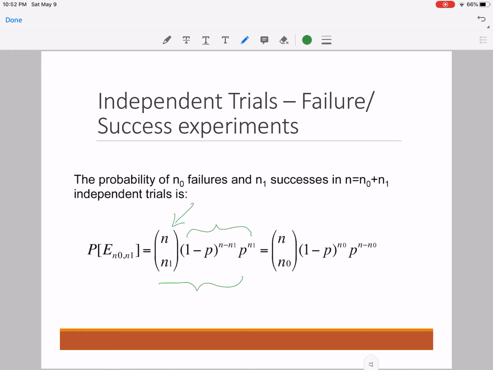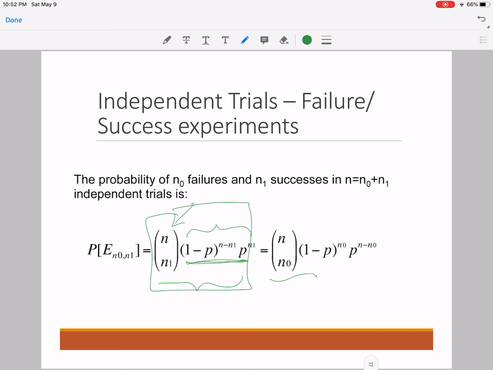And therefore, if you were to add the probabilities of all such sequences, each with probability given by this term, you get the answer n choose n1 times 1 minus p to the n minus n1 times p to the n1.